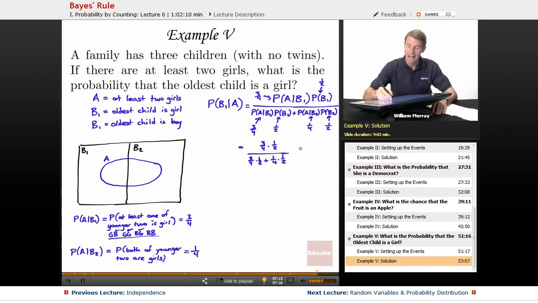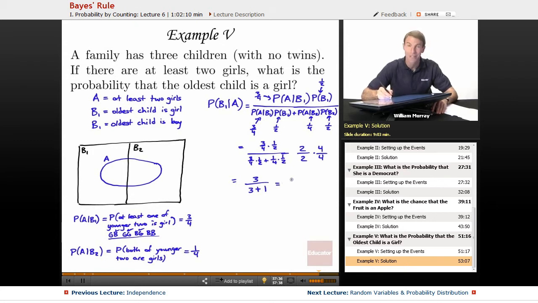I see I've got a 1/2 everywhere. I can erase those if I multiply top and bottom by 2. And so that would give me, oh, you know what? I've got a 1/4 everywhere. So if I multiply top and bottom by 4 as well, that'll cancel away all my fourths. And then the top, that'll just leave me with a 3. And the bottom, that'll leave me with 3 plus a 1.